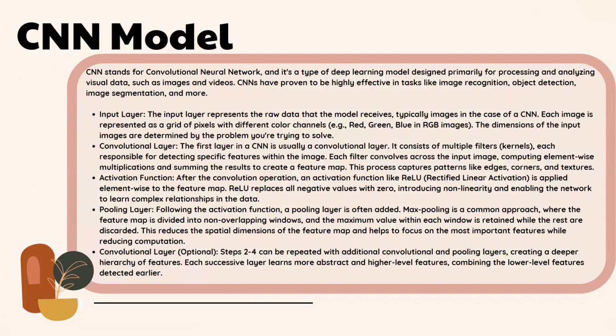Now the main thing is understanding my CNN model. Let's first go through the features and structure of the basic CNN model, and then what I have done. The CNN model is a deep learning model with various layers.